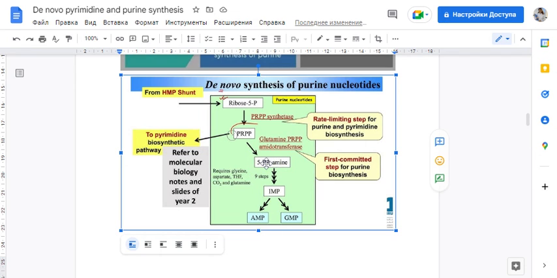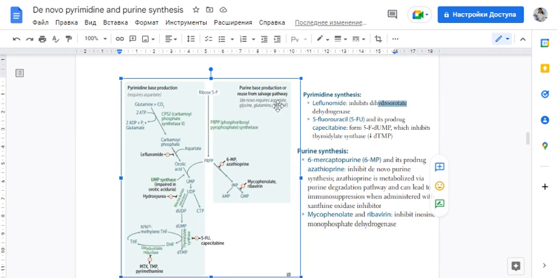Although we don't have to memorize these nine steps to form IMP, we have to know that in this pathway from PRPP to IMP, high-yield amino acids are added: glycine, aspartate, and glutamine. Aspartate, glycine, and glutamine, as well as folic acid, tetrahydrofolate, will be used in these steps and incorporated into the two rings to form purine.